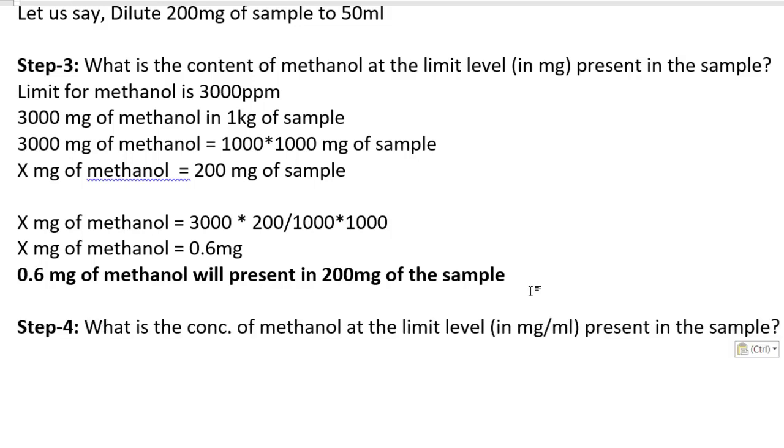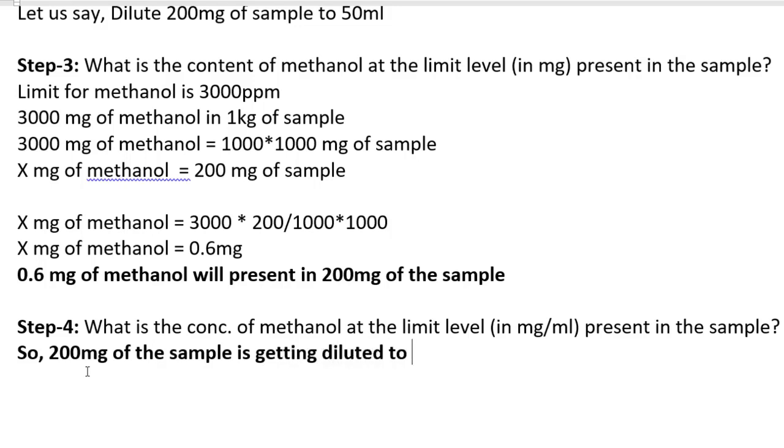So what is the content of methanol in mg first? We know this is the content of methanol in mg in 200 mg of the sample. So this 200 mg of the sample is getting diluted to how much ml?